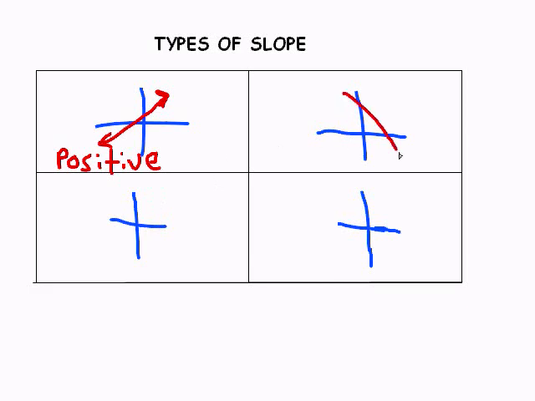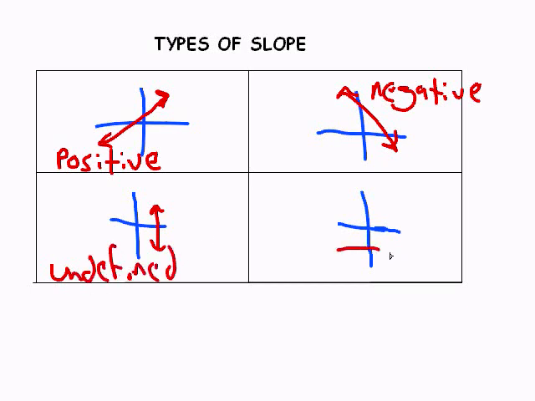If the line goes down from left to right, this is a negative slope. If the line goes straight up and down, it's undefined. And if the line goes straight left to right, it's horizontal, and the slope is said to be 0 slope.